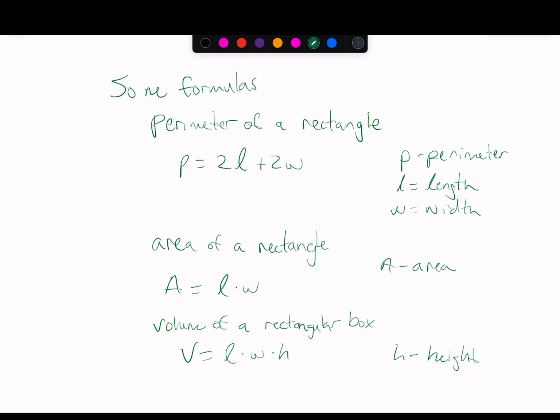Let's now consider some formulas: the perimeter, area, and volume of a rectangle, or in a volumetric case, a rectangular box or a rectangular prism. So the perimeter P of a rectangle is equal to 2 times the length plus 2 times the width. L is length, W is width.